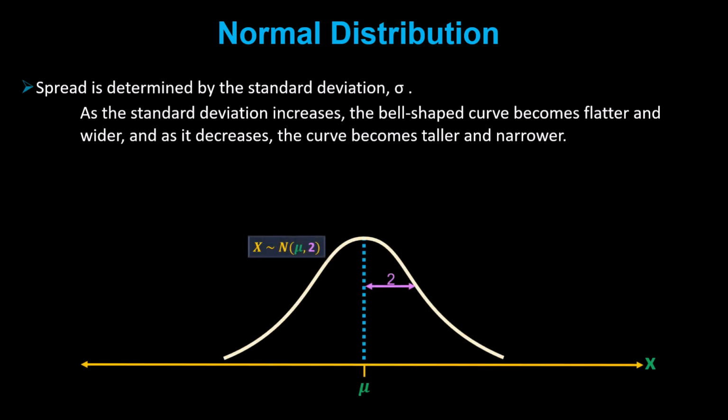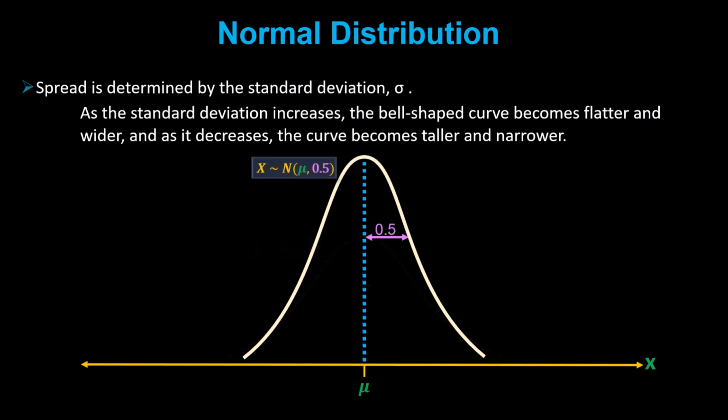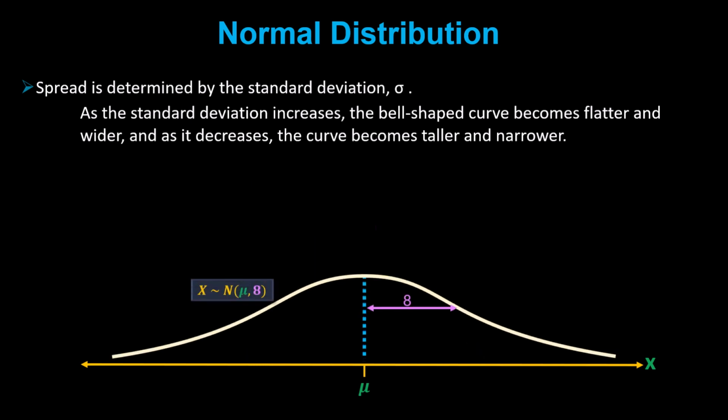Here I keep the same mean and change the sigma. This one sigma is 2 and I change it to 0.5. You see what happened to the curve. And I change again to 8. Yes, now you understand what happened to the curve when we change mu and sigma.